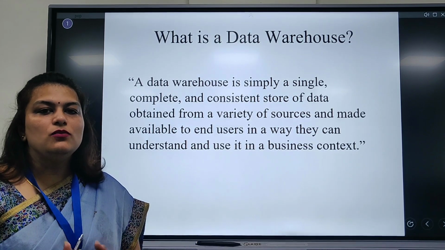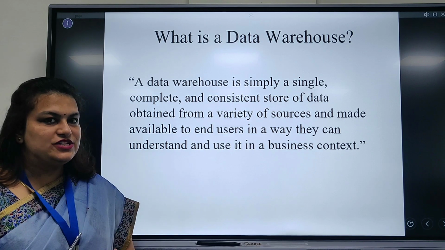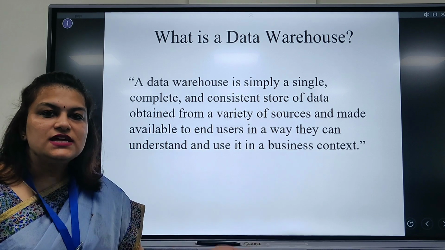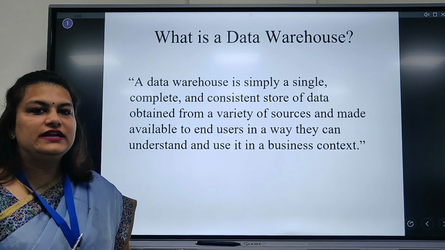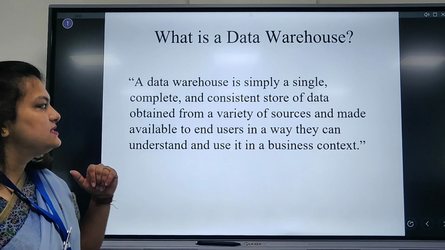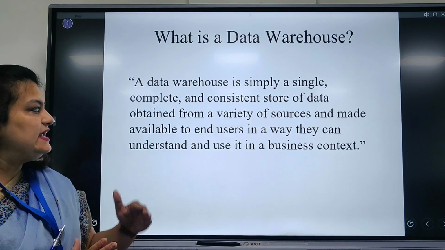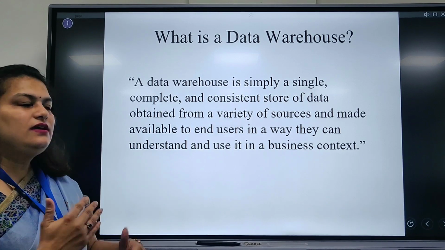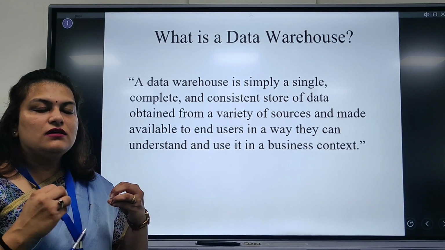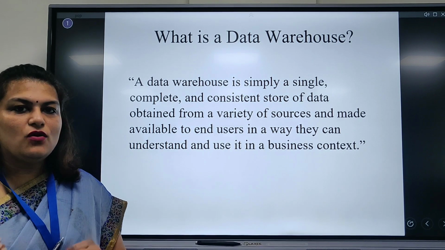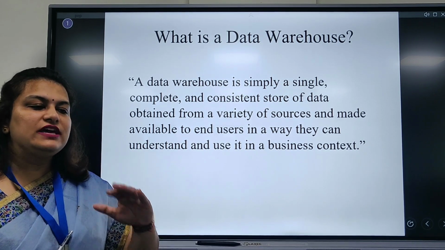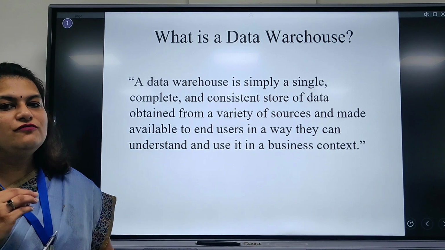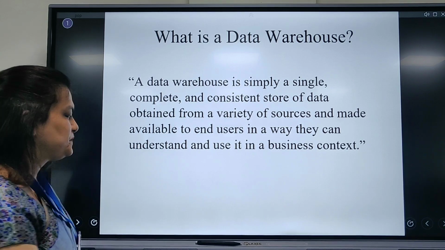Now we come to the most important question: what is a data warehouse? We have discussed what it does. Now the question arises, what is a data warehouse? It is a single, complete and consistent storage of data which has every type of data, every single business data is there in that data warehouse, and we can just access that data and have clean pre-processed data which is ready for analysis.